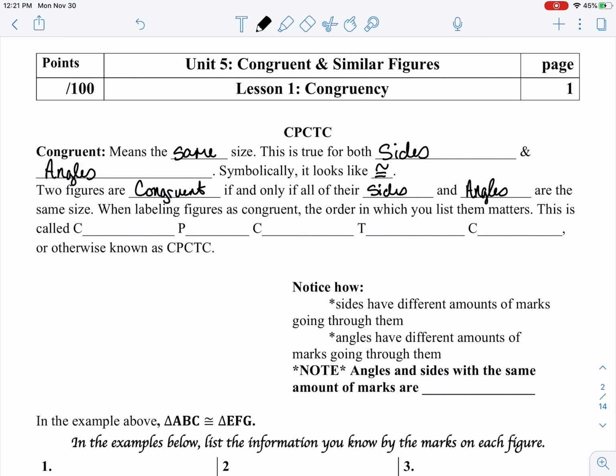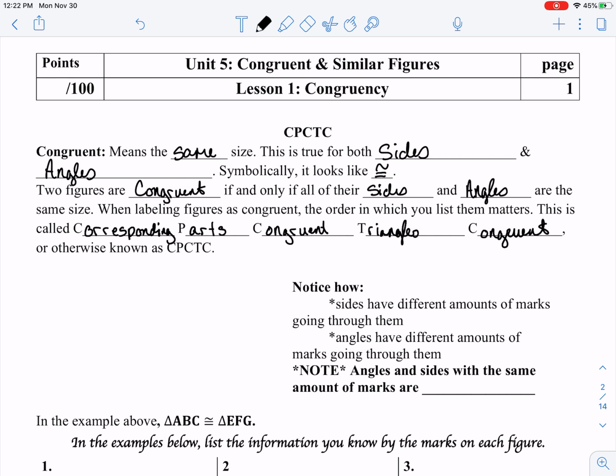Now, what CPCTC stands for is corresponding parts of congruent triangles are congruent.